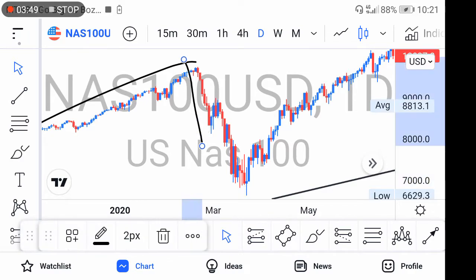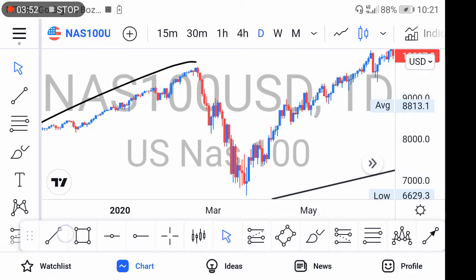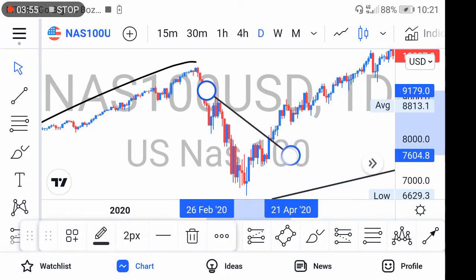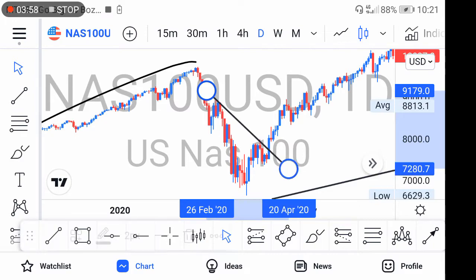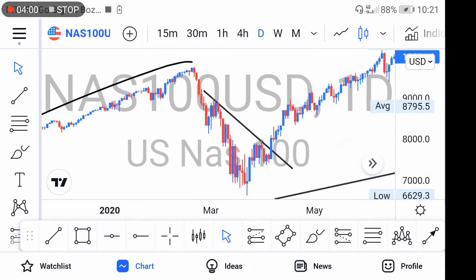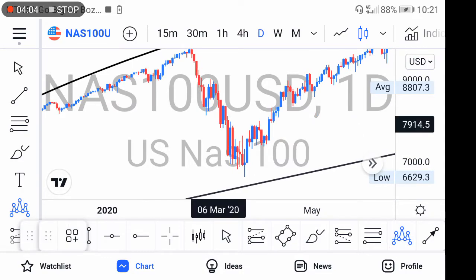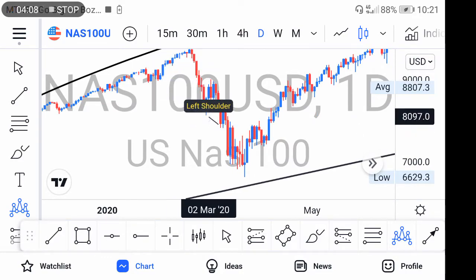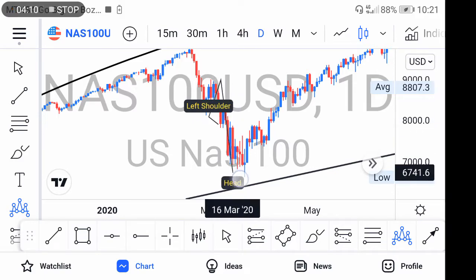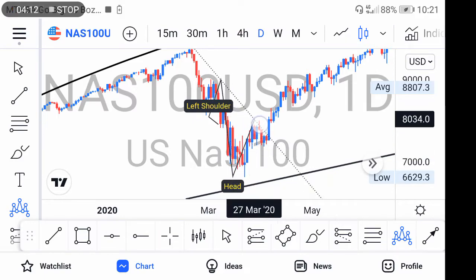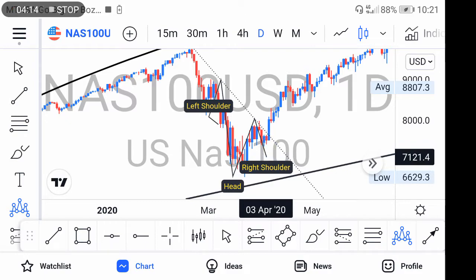The neckline of this inverse head and shoulders is more like a decreasing neckline. This is the neckline. We have a left shoulder here, we have our head, we have our right shoulder.